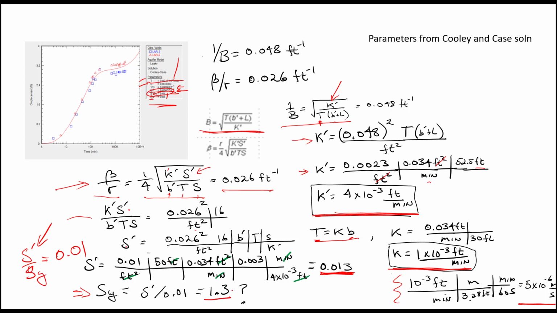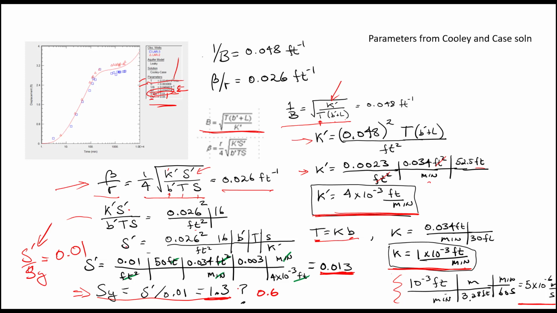is 1.3. Well, we know that the specific yield cannot be greater than the porosity, and the largest porosity I've measured for saprolite is 0.6. So this is impossible. You could not have specific yield this high. So that's something that I think we need to look at a little bit more.